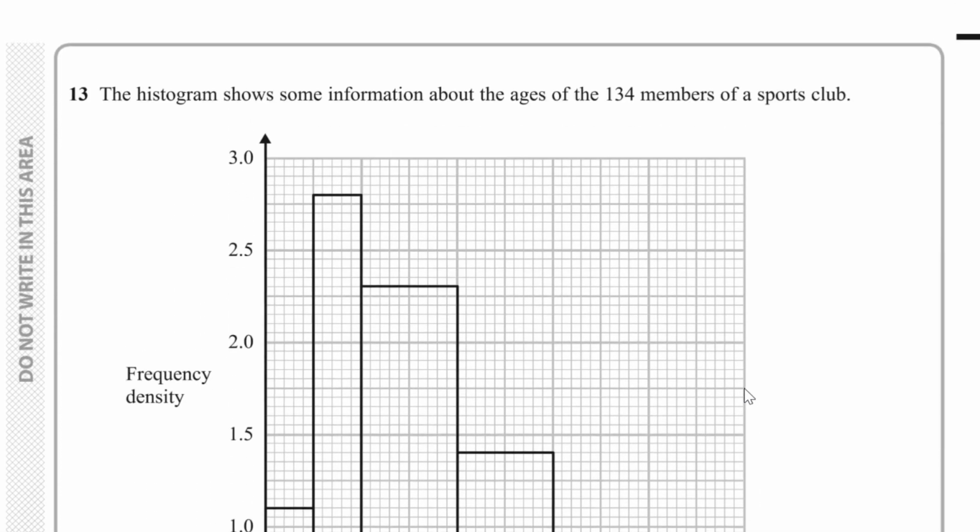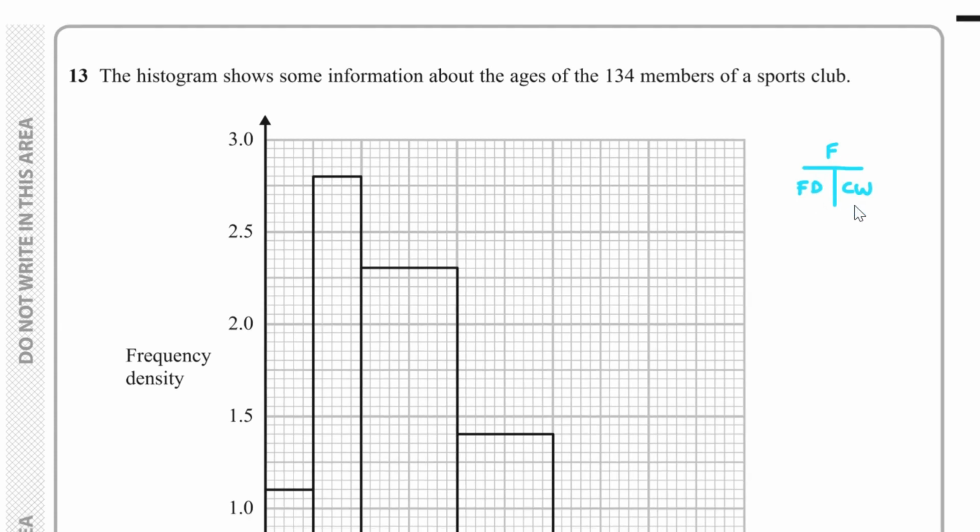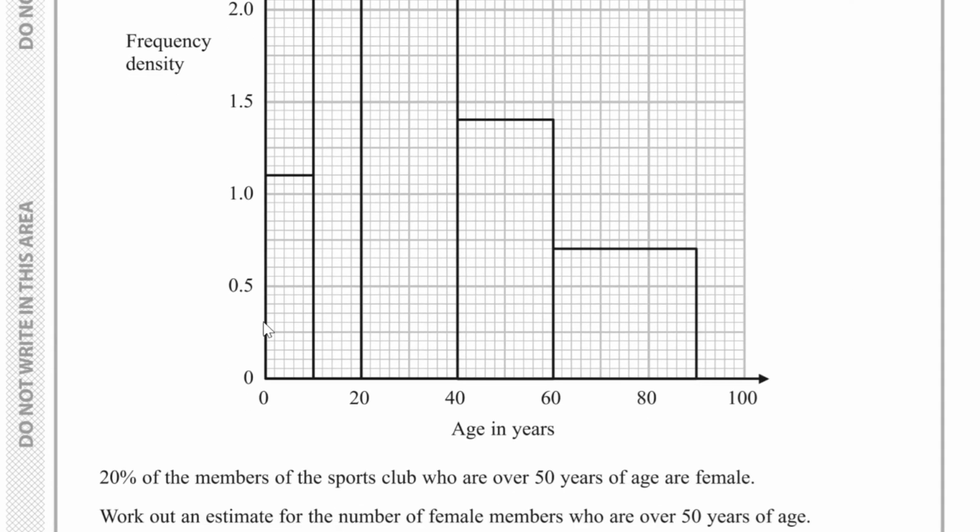Well, what we can first of all do here is work out the frequencies. So we know already that frequency is equal to frequency density multiplied by class width. So for each of these bars, let's work out the frequency. Here we've got 10 times 1.1, which is 11. We have 11 over here.